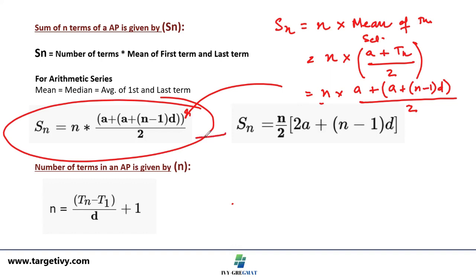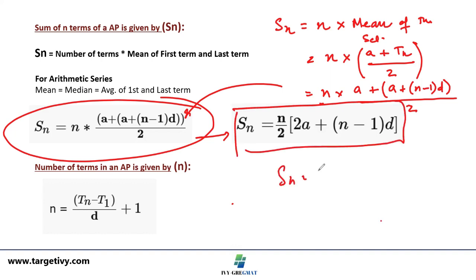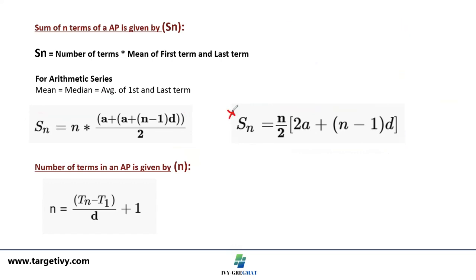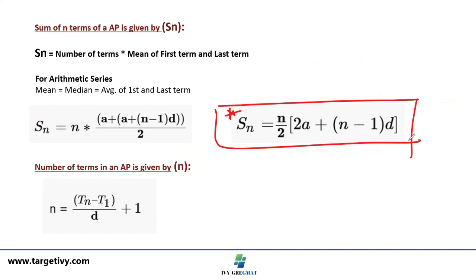If I simplify it, it looks better like this: Sn becomes n by 2 multiplied by (2a plus (n minus 1) into d). We'll have to remember this formula, which is actually equal to n by 2 into (a plus tn).